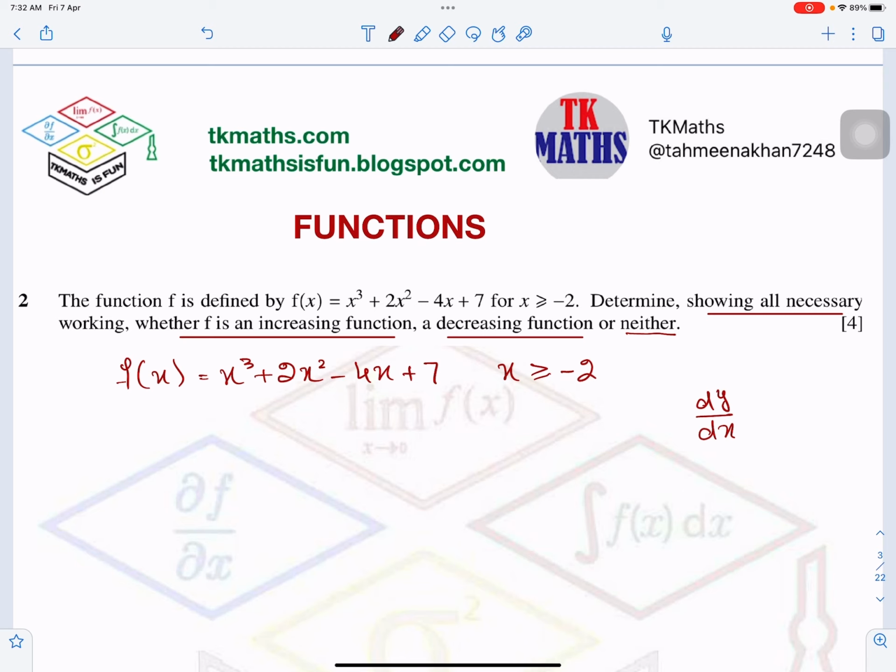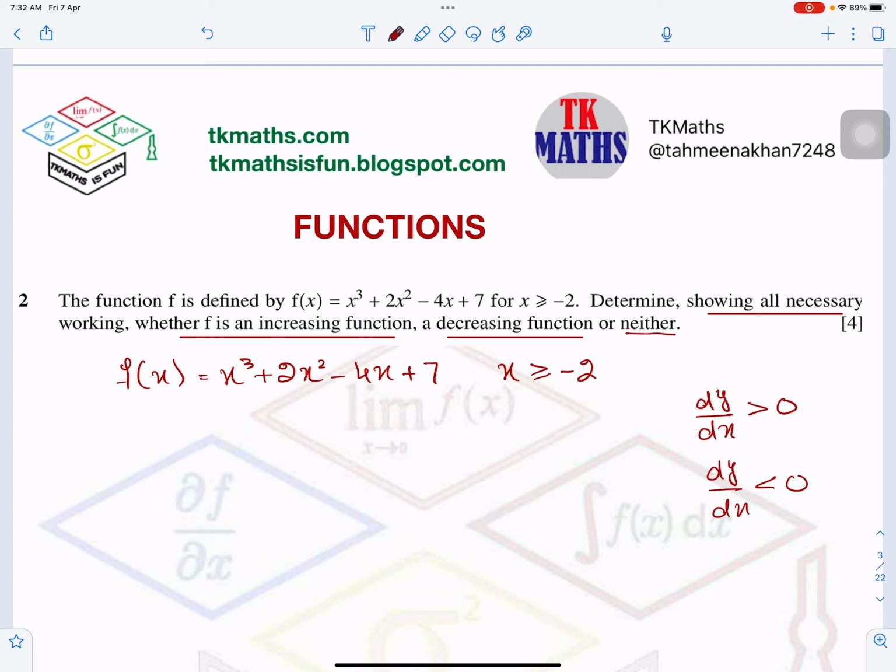So gradient is rate of change. If it is greater than 0, then the function is increasing. So whatever values of x you get from this inequality, for those values of x the function is increasing. It means the rate of change is positive. For a decreasing function, dy over dx, the gradient, is negative, right? So this is how we will figure it out.